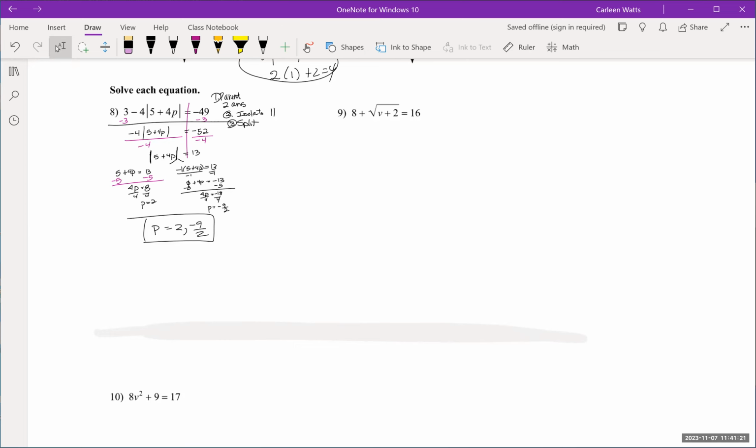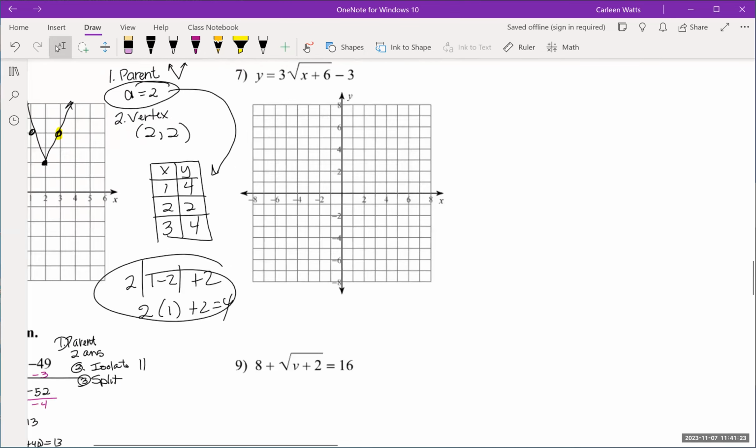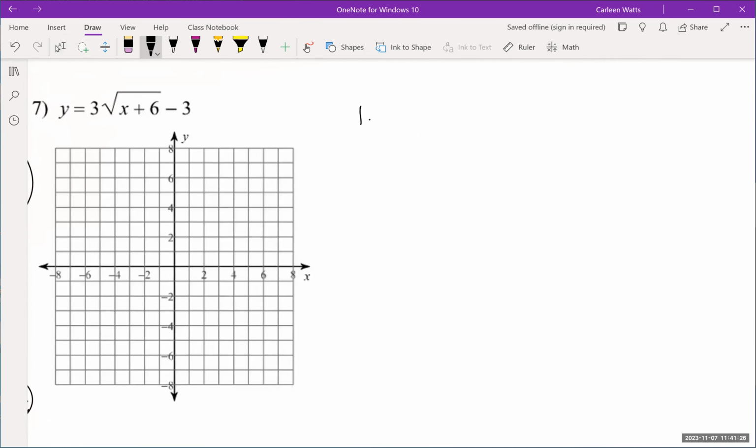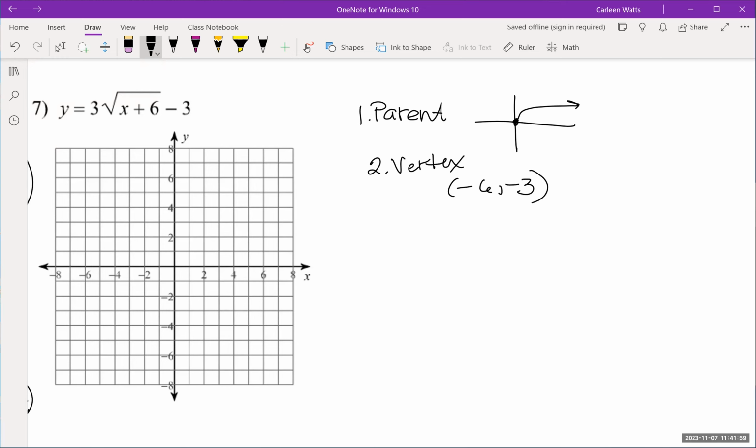Okay. 7. Parent graph. This is a sleeping U cut in half. A half sleeping U. Vertex -6, -3.